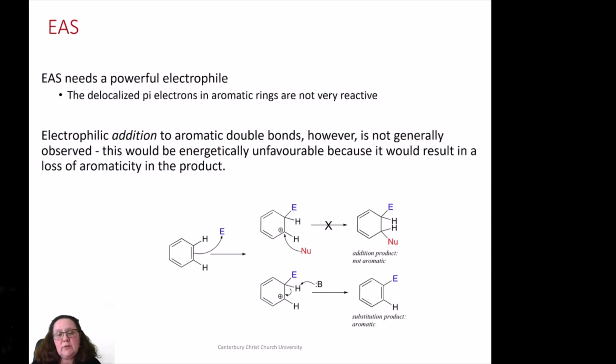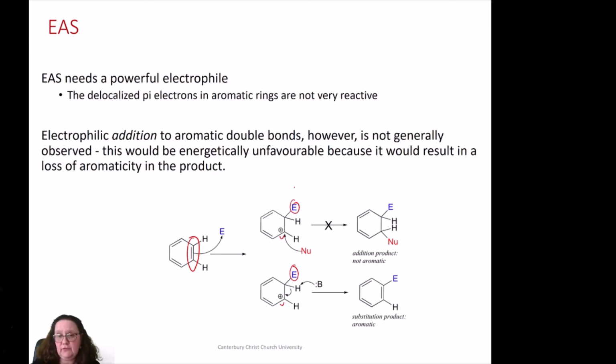As a preview, the reaction goes as follows. One of the double bonds of your benzene ring attacks an electrophile. Then the reaction could go two ways. There's a formation of the carbocation and the addition of the electrophile to the structure of the benzene.